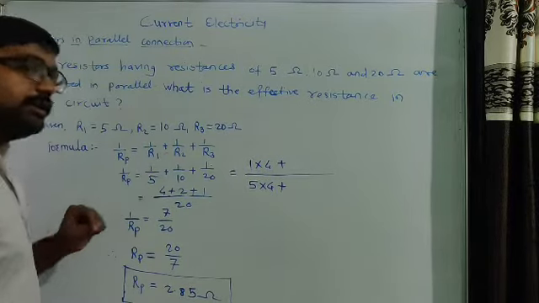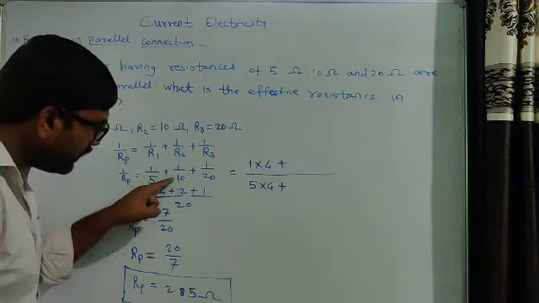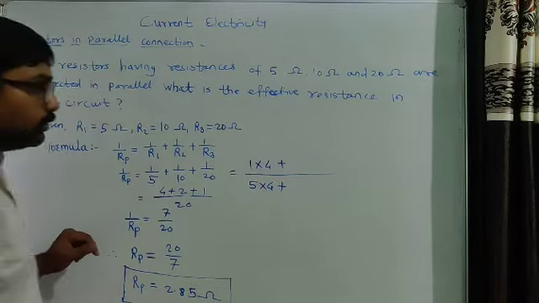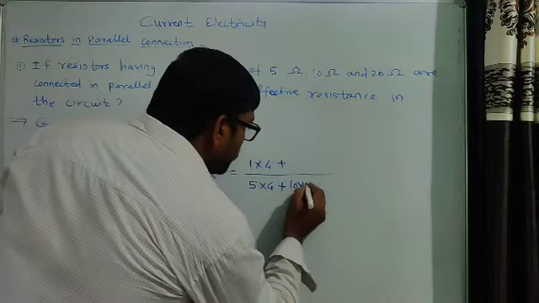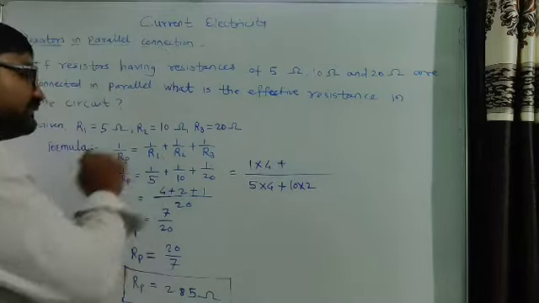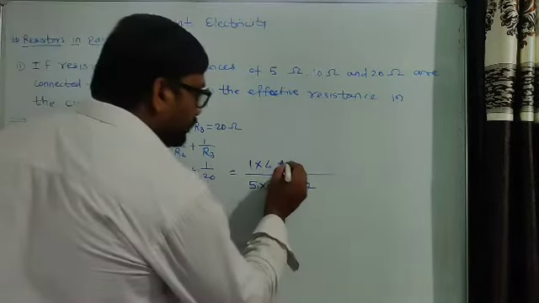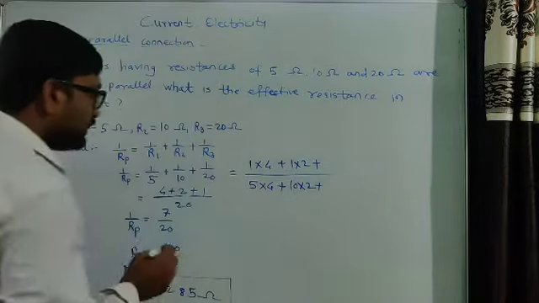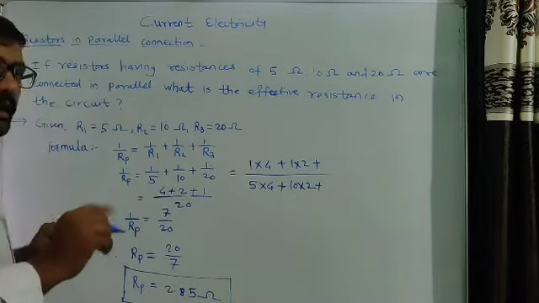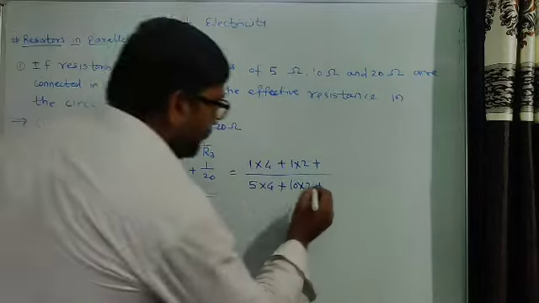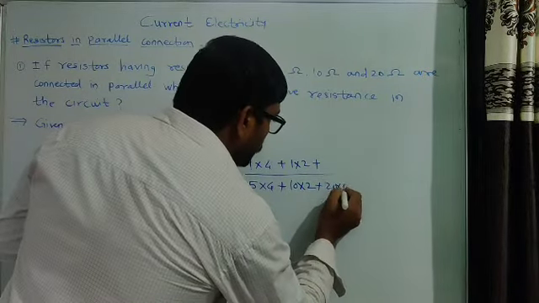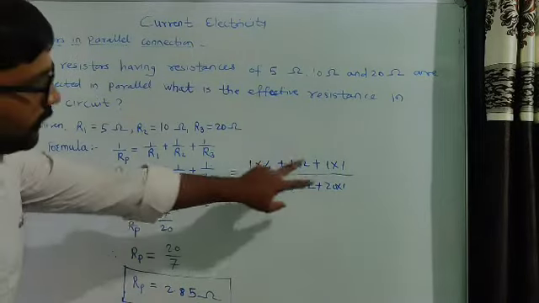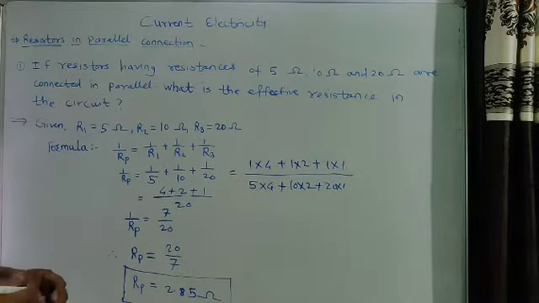To make it 20, we multiply by 2, 10 into 2, and similarly the numerator 1 into 2. Plus the third term, 20 into 1 is 20, and 1 into 1. This is how we make our denominator common.